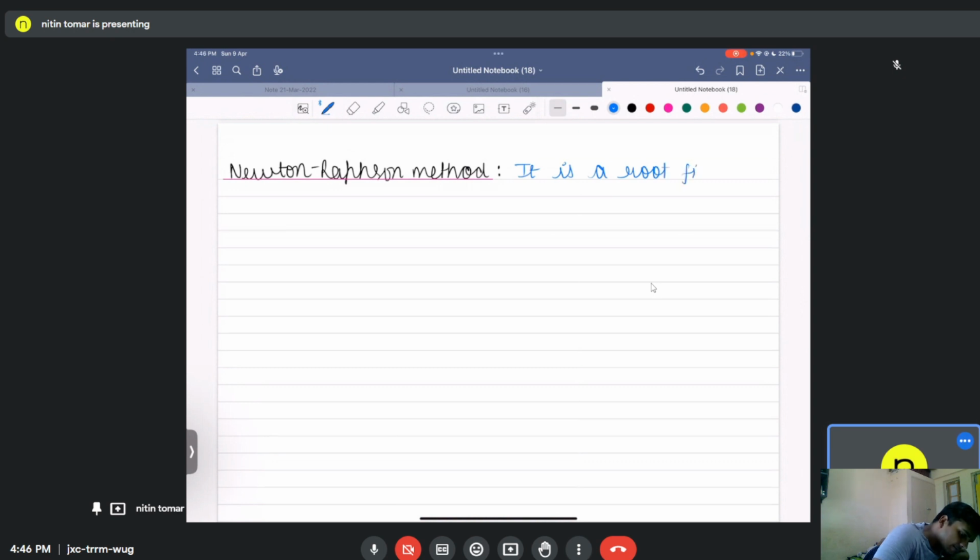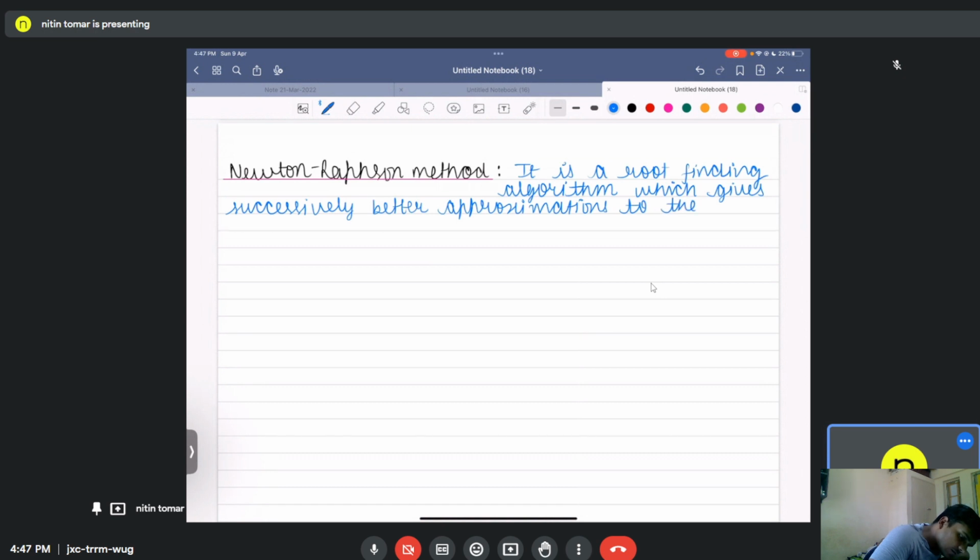This method is a root finding algorithm which gives successively better approximations to the roots of a real valued function.